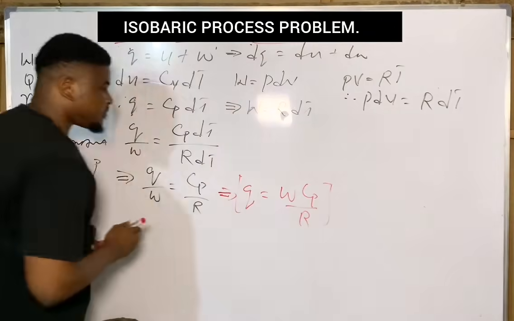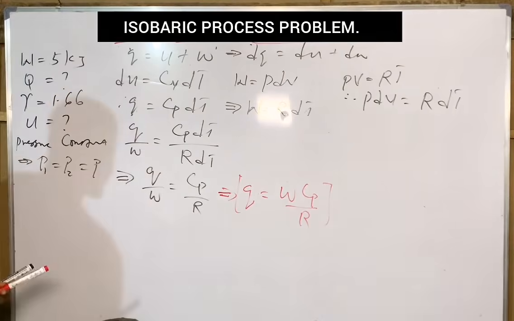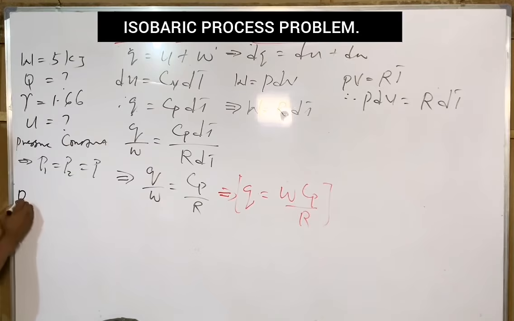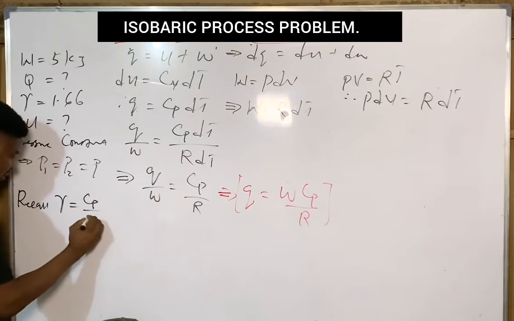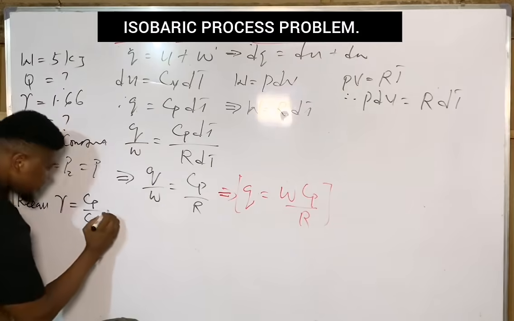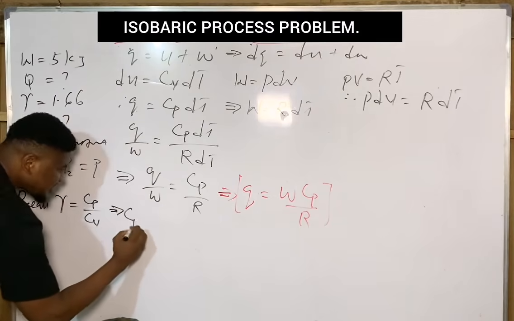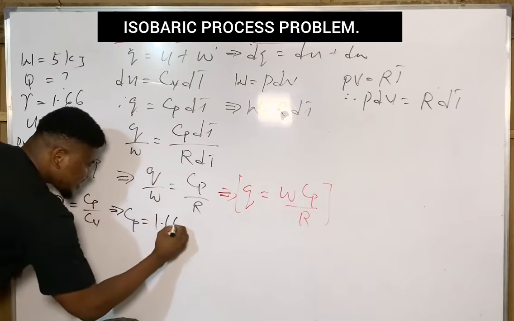We know the value of work done, but we don't know what Cp is and we don't know what R is. We need to now find Cp and R. You recall that the isentropic index of expansion and compression is given as Cp all over Cv, and we have the value to be 1.66. So from here we can make Cp the subject of the formula.